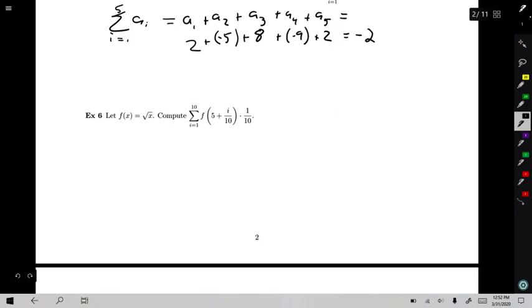So i equals 1 tells me that what I should be looking at is f of 5 plus 1 over 10 times 1 over 10. Great, so I've replaced my i by 1. To that, I want to add f of, now I need to replace i by 2, so 5 plus 2 over 10 times 1 over 10.